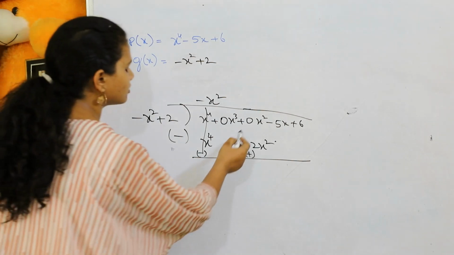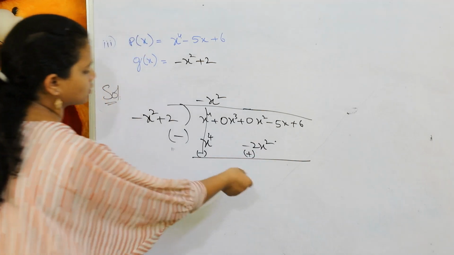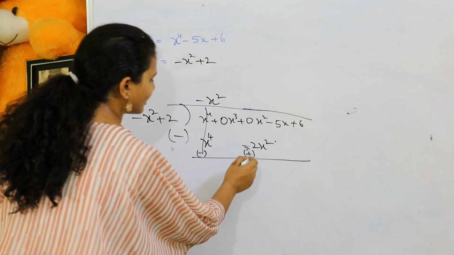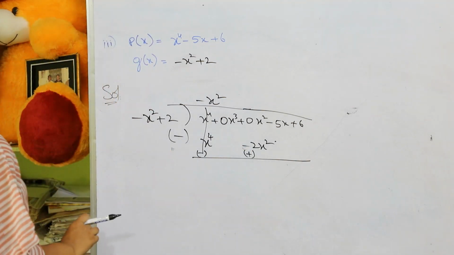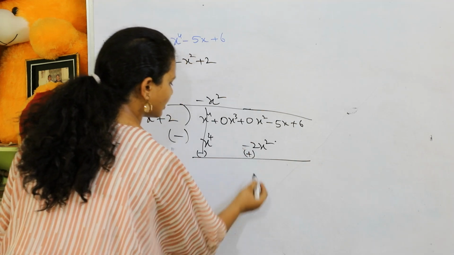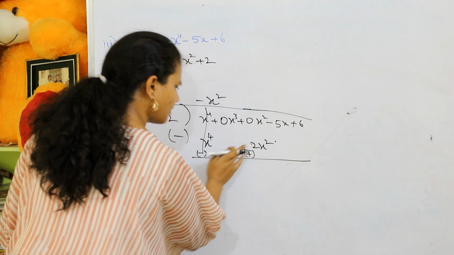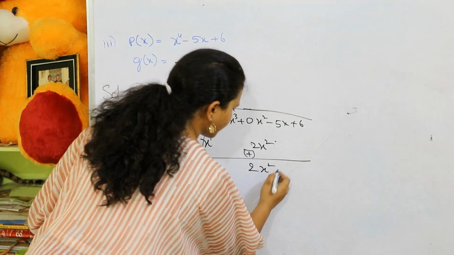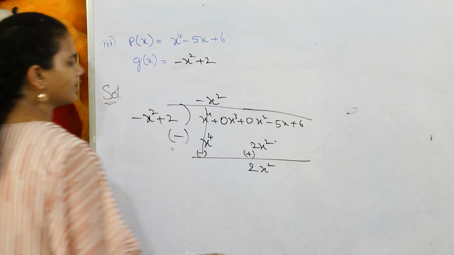Next you have plus 0x square and plus 2x square. Consider this value. Now here you have minus 2x square, so we don't consider the minus, we consider plus. This becomes plus 2x square. Clear? Are you getting it?